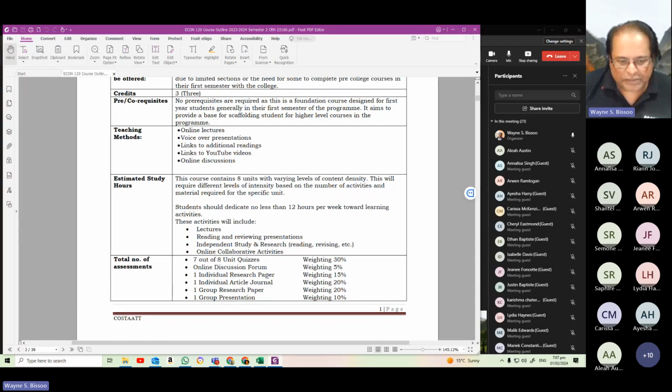The individual research paper, or the first assignment, is 15%. The second individual assignment, which we refer to as an articles journal, is weighted at 20%. Then collectively, the group project is weighted at 30%, but it's subdivided: 20% for the research paper itself, the written work, and 10% for the group presentation. So that's the number of assessments that are taking place.